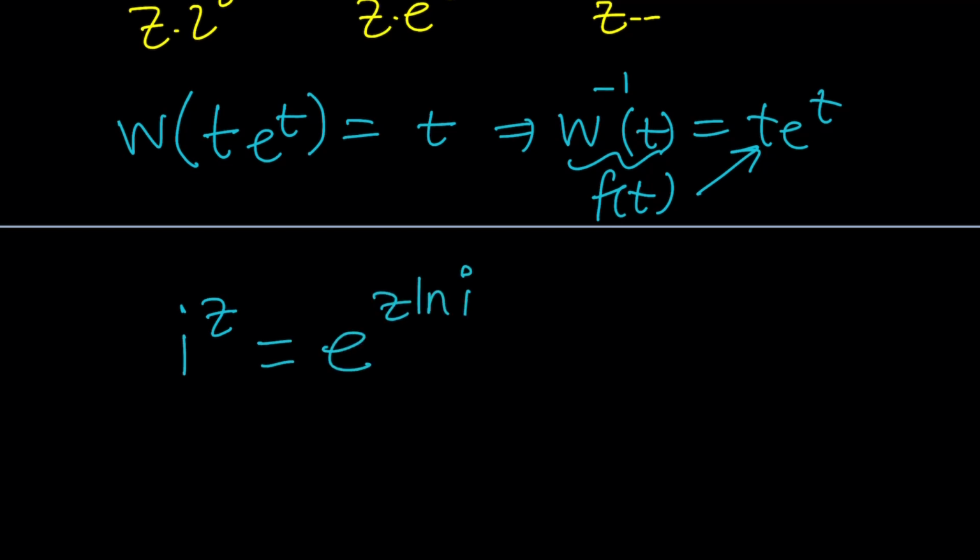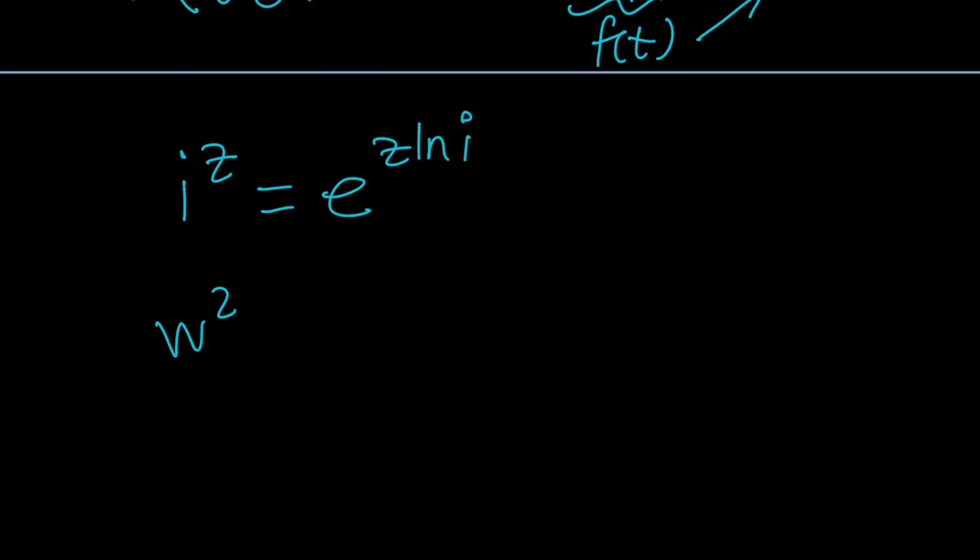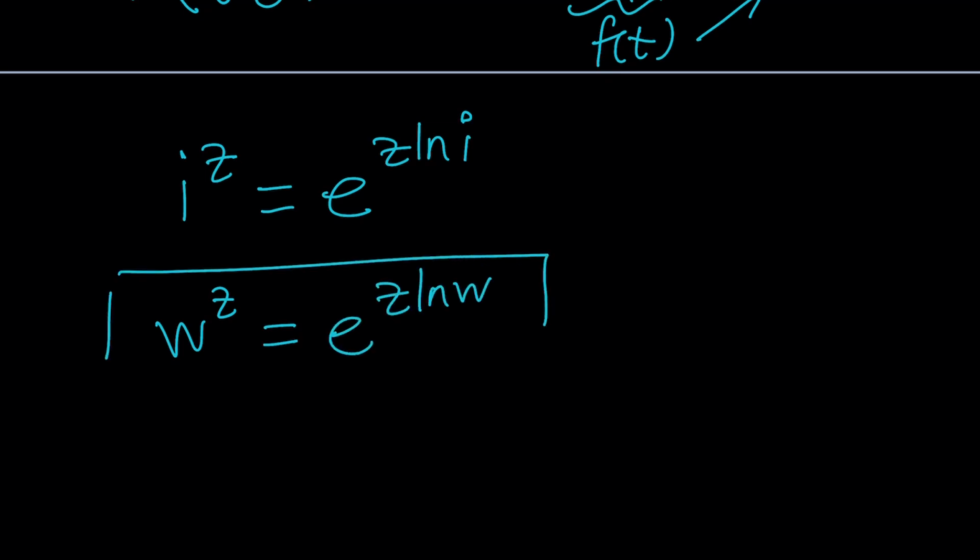Don't worry about the ln i at this moment, but anytime you have something like this, and obviously i could be replaced with any complex number w, in this case you would get e to the power z ln w. So that's the definition for our complex exponentiation, because how would you raise a complex number to a complex power? I mean, even raising something to an irrational power is kind of crazy. Complex will make it even crazier.